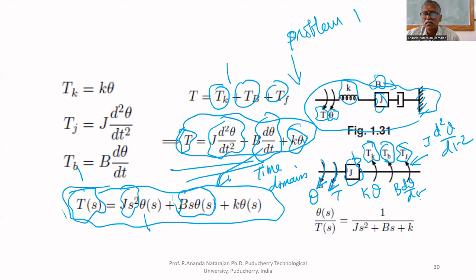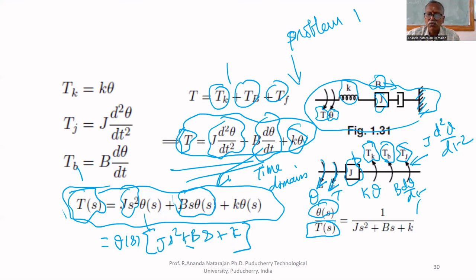So we have to find theta of S upon the input T of S. Taking theta of S outside, we get J s square plus B s plus K. Therefore, the transfer function, the Laplace transform of output by the Laplace transform of input, is theta of S upon T of S equals 1 upon J s square plus B s plus K. This is a second order differential equation.